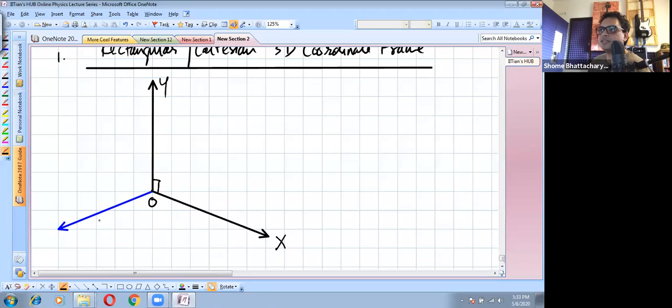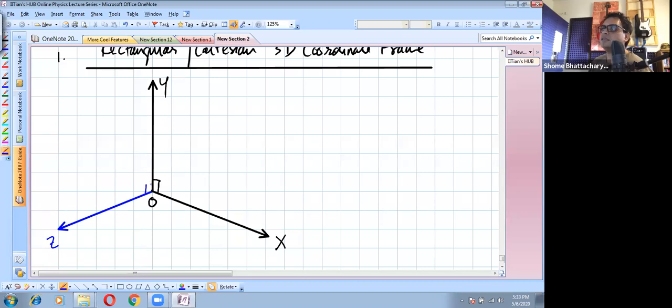Now the front wall also has an edge with the floor. The side wall also has an edge with the floor. So this one is nothing but the z axis. Okay. So the three axes are the three perpendicular edges: this edge is formed by wall and wall, this edge is formed by floor and one of the walls, and this edge is formed by the floor and another wall. So they are perpendicular to each other.